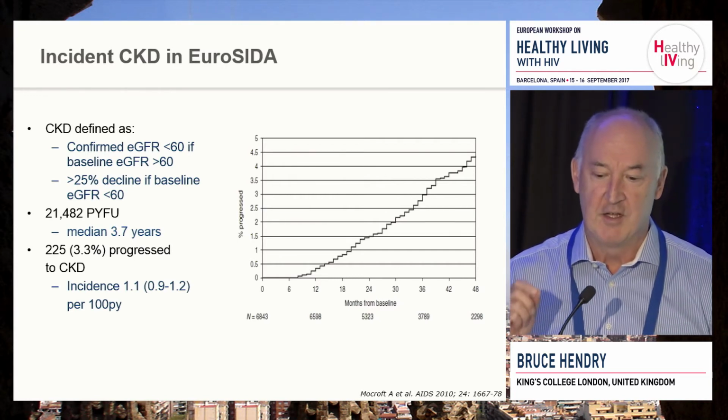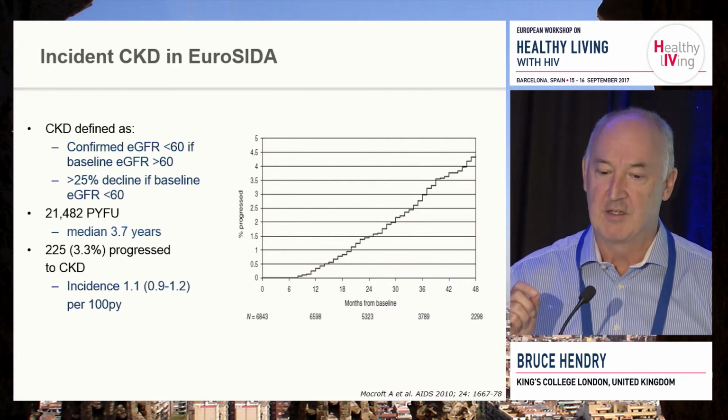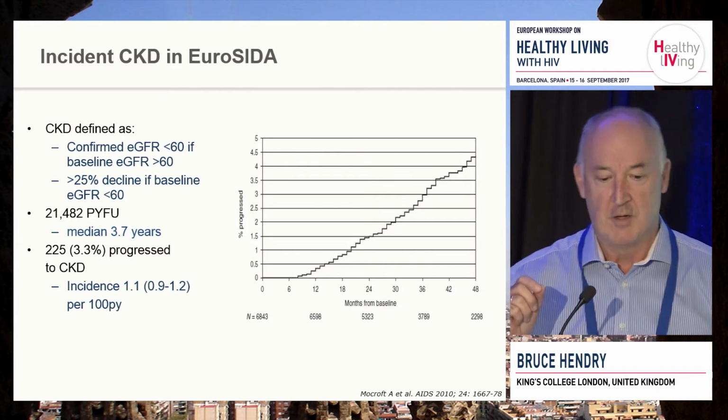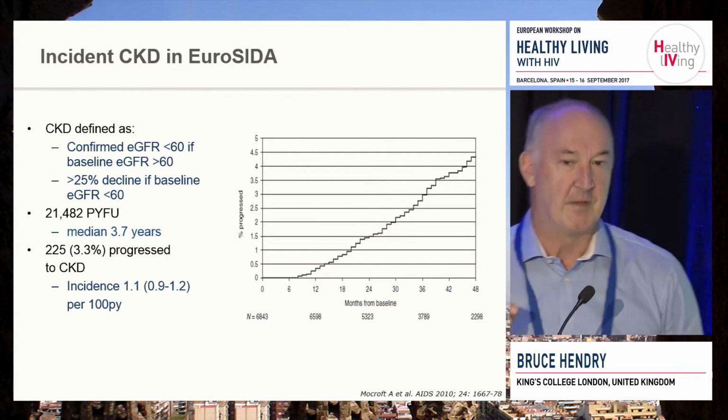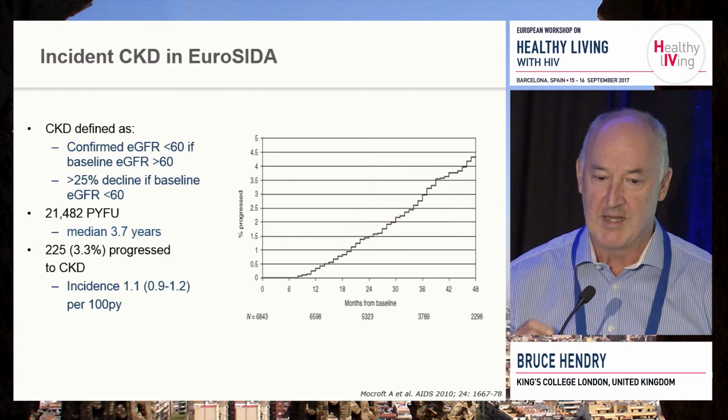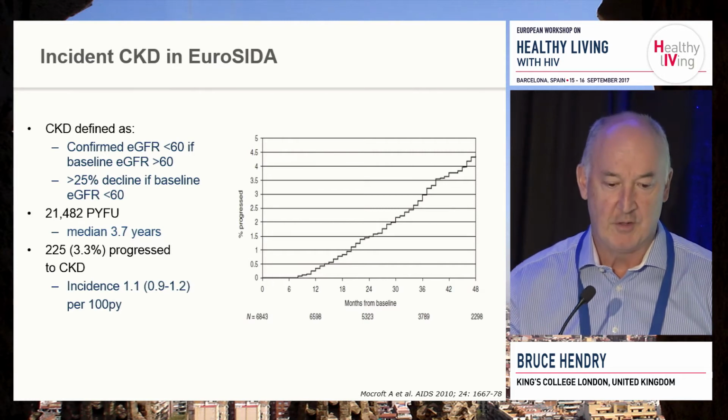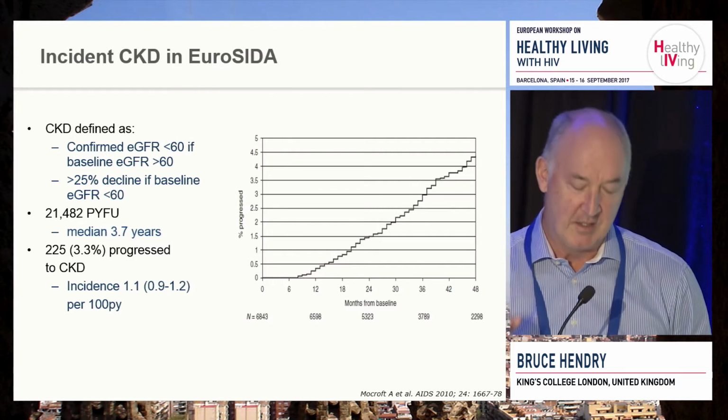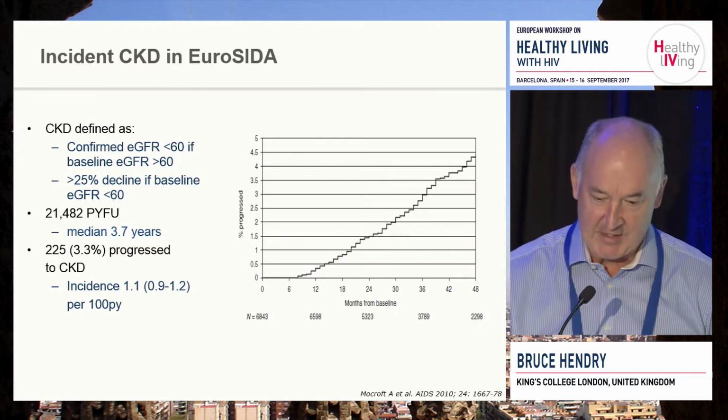And as I just said, this study is from some years back. Undoubtedly, this is an increasing problem because of the nature of the demographics of the patients that we are caring for. So a significant problem, and for those patients who develop CKD, I think I've shown you there is a significant morbidity and indeed mortality attached to it.